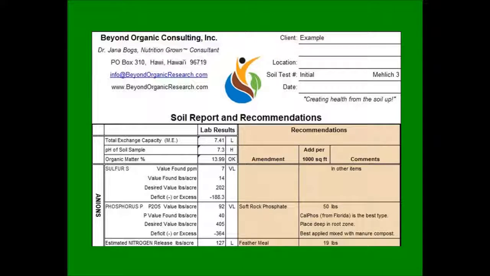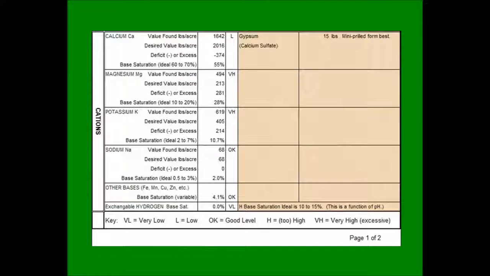So let's go on to the next section. Here's the second section on the first page. This is mainly the cations, which are the positive ions like calcium, magnesium, potassium, and sodium. And these are going to make your soil more basic.